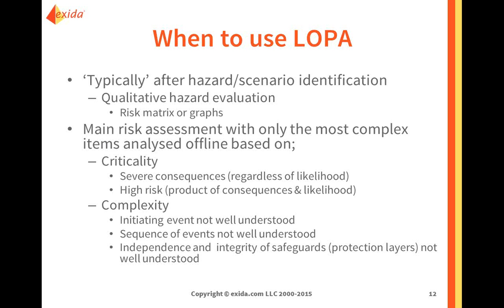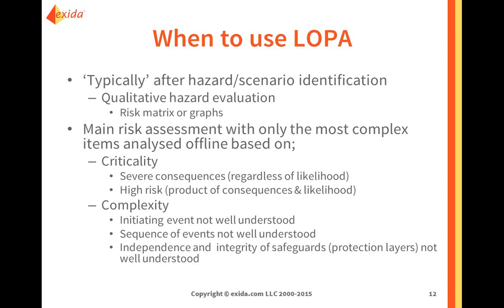Or if it's really a high-risk scenario where the consequence is high and the likelihoods are expected to be high, you really want to understand what's going on. Another reason to do LOPA is when it's simply too complex to predict the frequency of the initiating event while taking into consideration some of the layers of protection. We tend to not have a number off the top of our heads where we can say, hey, the boiler or the control function will fail, the pressure relief valve will fail, the operator will fail, and we don't really know what the typical frequency of that is.